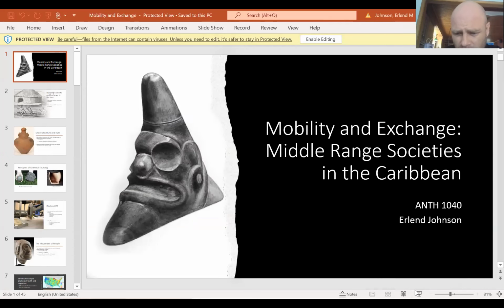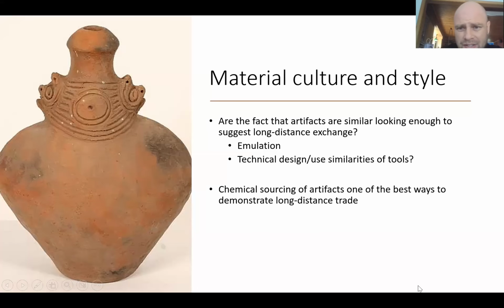Anyway, getting back to this, there's some issues with this idea that style, the movement of things of a certain style, equals the movement of people, especially migrations. So one thing is there are different kinds of style, or there are different factors that go into style.